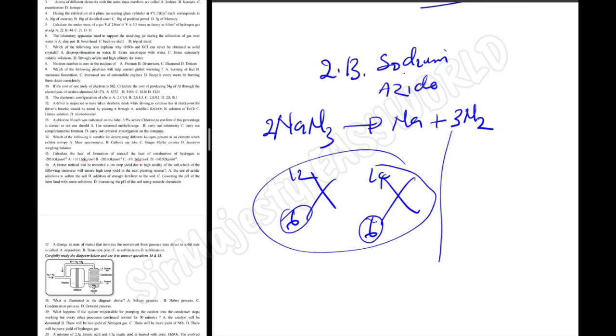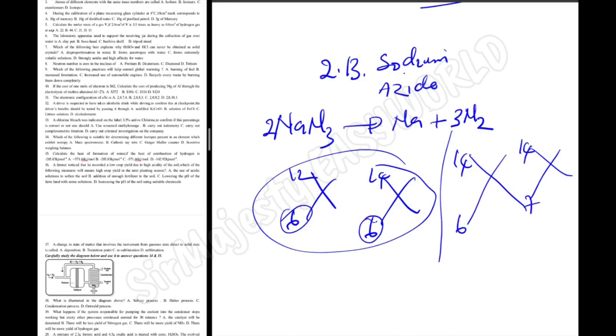It's the atomic number that identifies the element and not the mass number. So if we now reverse it, maybe here is now 14, here is now 14, and here becomes 6, here becomes 7.